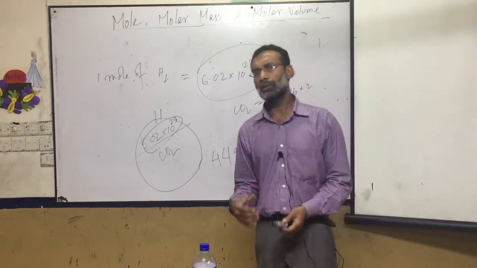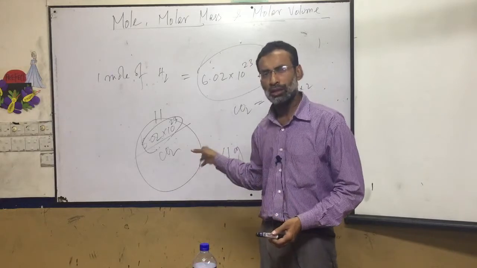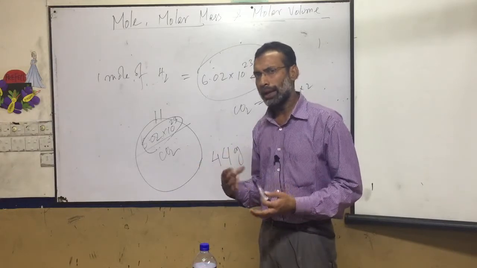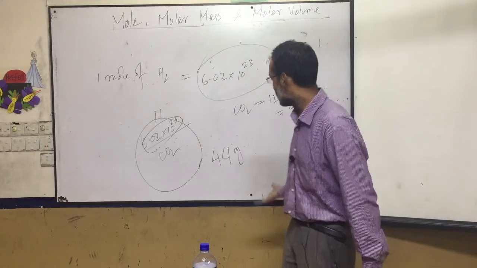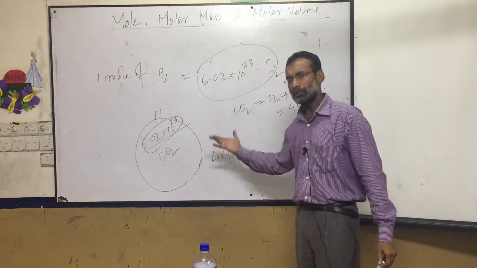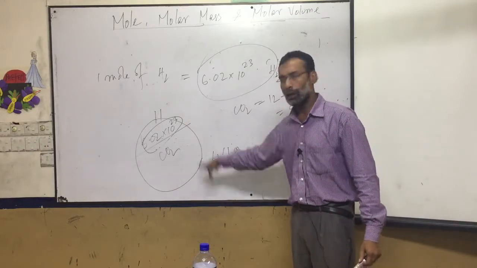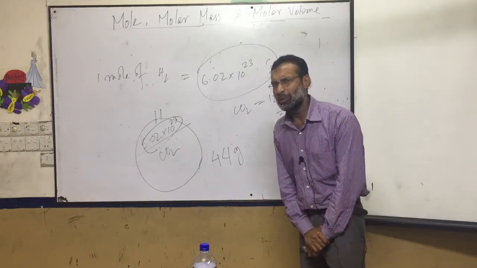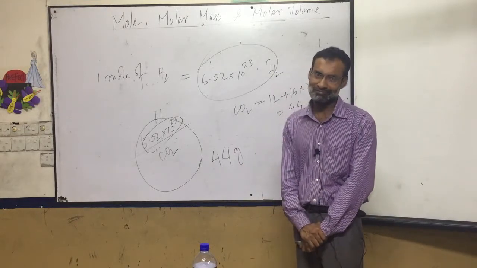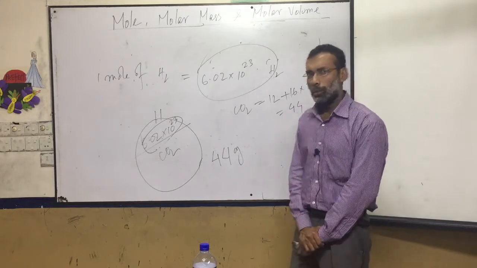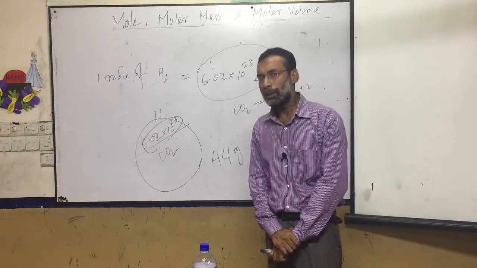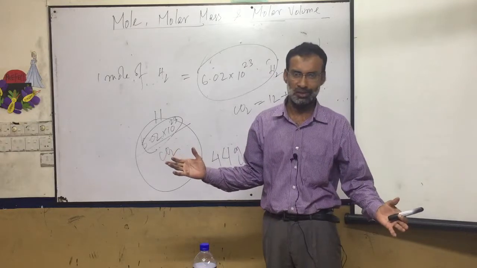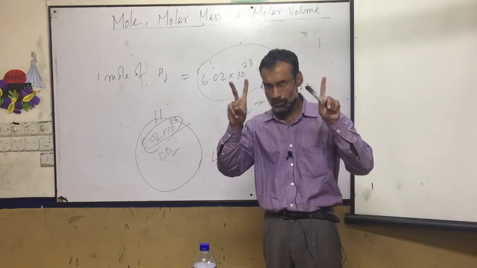That means when you insert 1 mole of carbon dioxide in the balloon, it will increase its mass by 44 gram. That means the mass of 1 mole of carbon dioxide is 44 gram. So these two are examples of molar masses, and molar masses are the same as the relative masses of the substances. The difference is just 2.